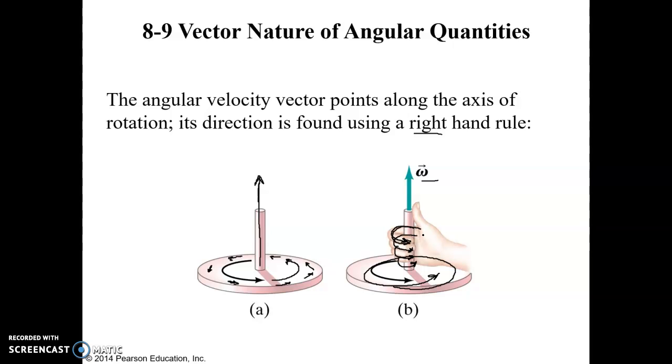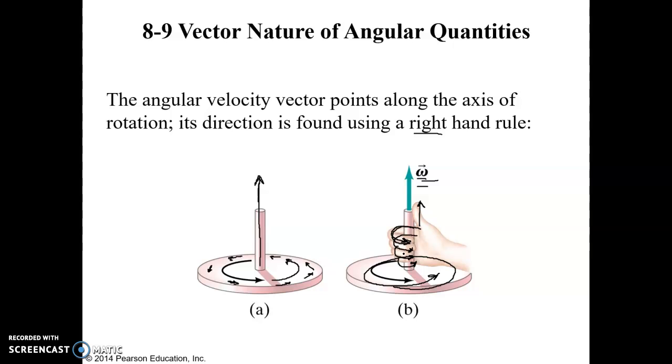If you're using your right hand, then your thumb points in the direction of the vector. You wouldn't want to use your left hand, because it would point in the opposite direction.